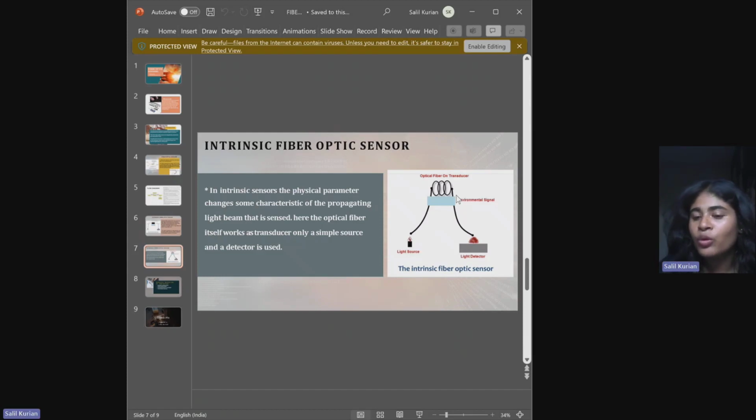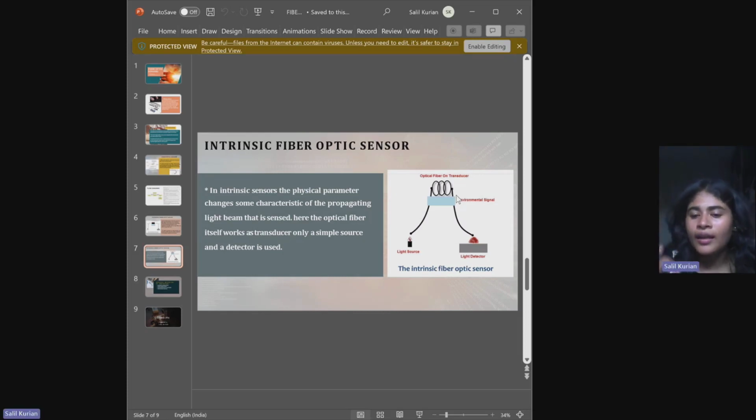So what happens? You don't have to modify it using an external element. Instead, we already have an inbuilt fiber where refractive indexes are different, so they will change accordingly. So if you have a wavelength of 340 nanometer of light, red light, violet light, if I send it through it, it can refract the violet light at its maximum.